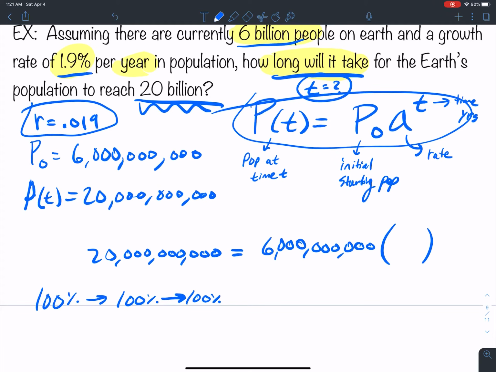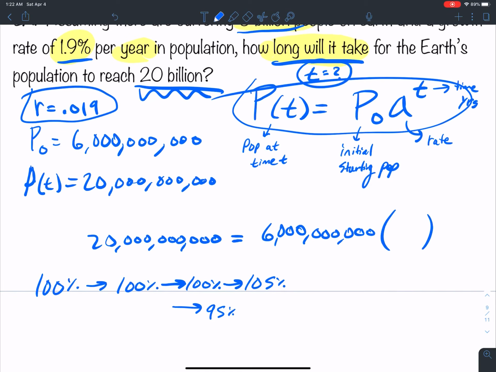But if I'm growing, then that 100% may turn into 105%, right? And then the next year, 105% more, and so on. If I'm decaying, maybe that next year I'm getting down to 95%, whatever. If my decimal here is 1.9% growth, that means that the next year will be 101.9%. That's what that means to have a growth rate here.